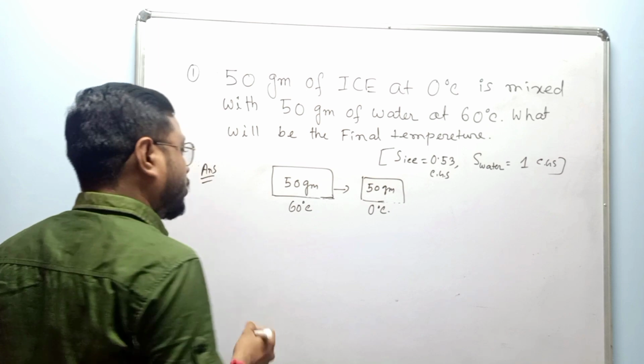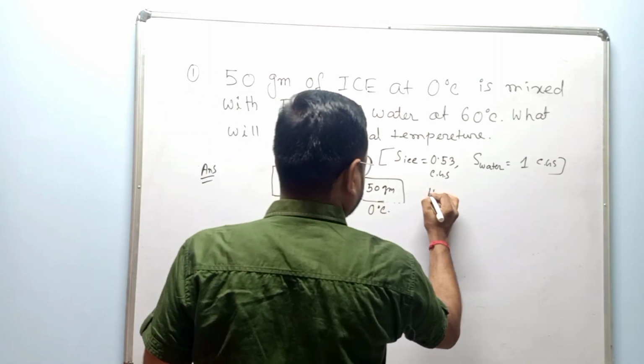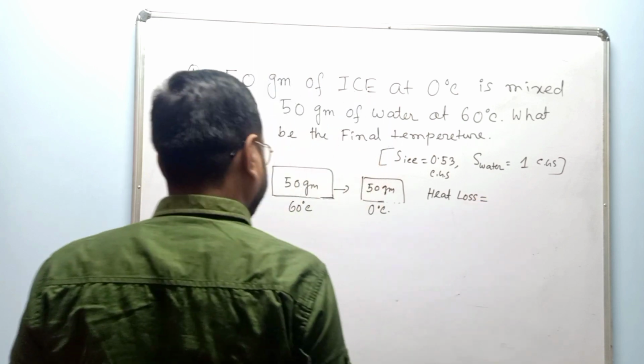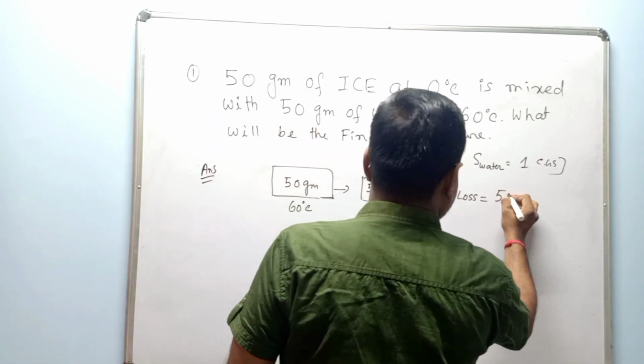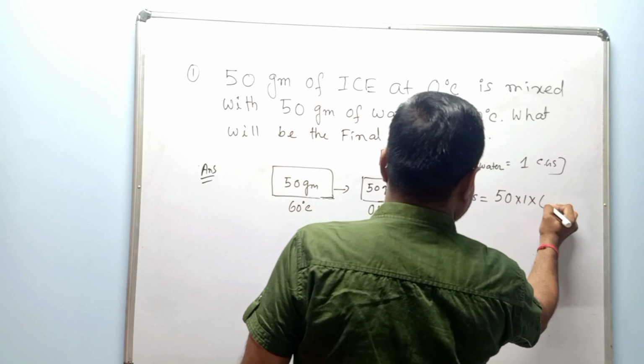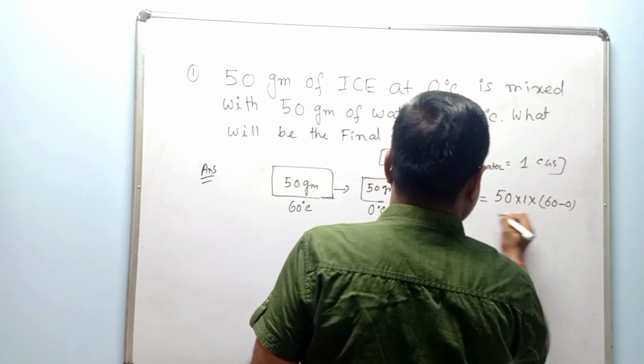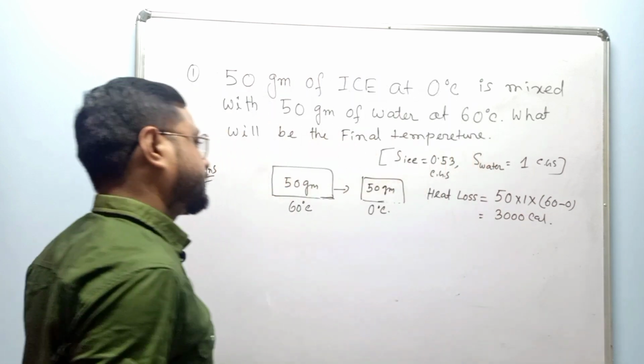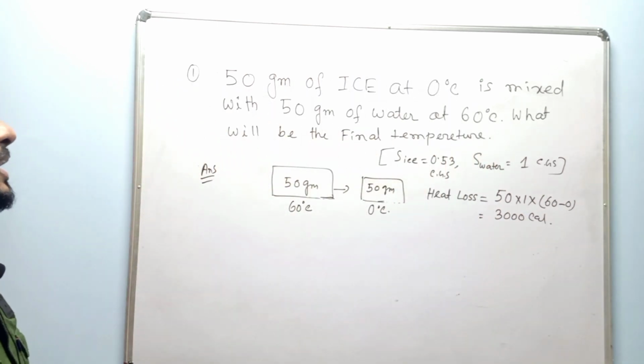So what amount of heat is lost? Heat loss is given by MST. M means 50, S is 1, and T is 60 minus 0. That is 3000 calorie.